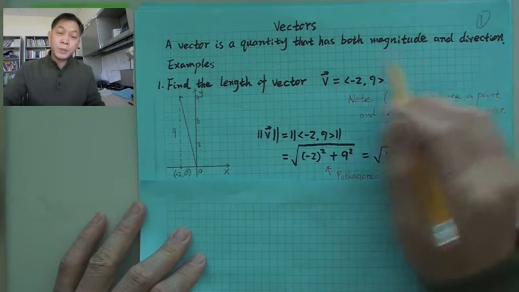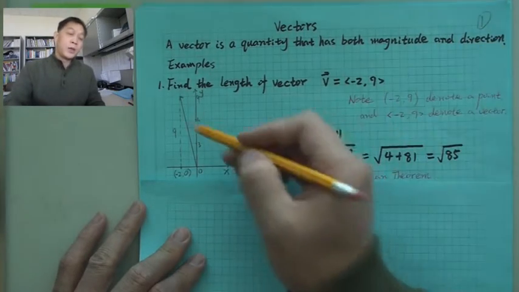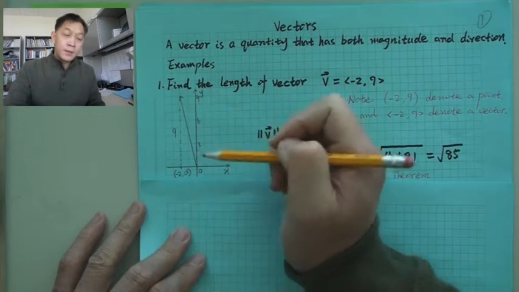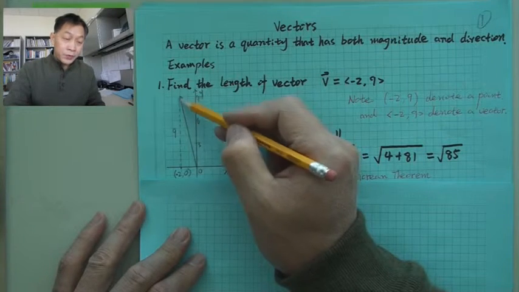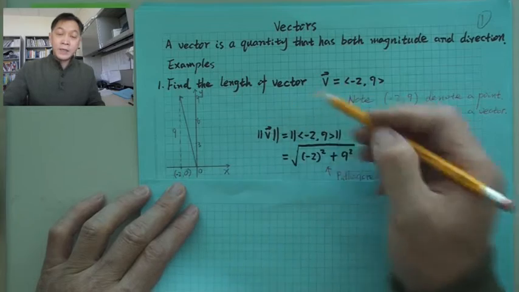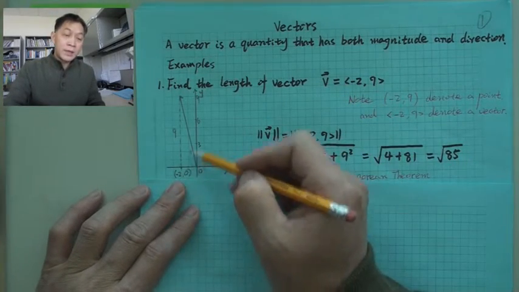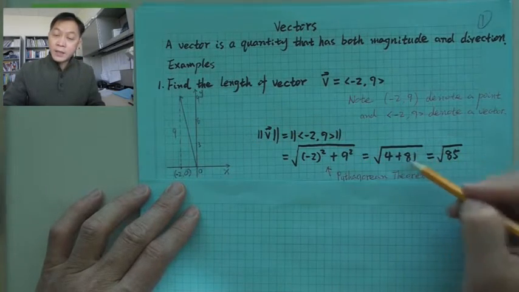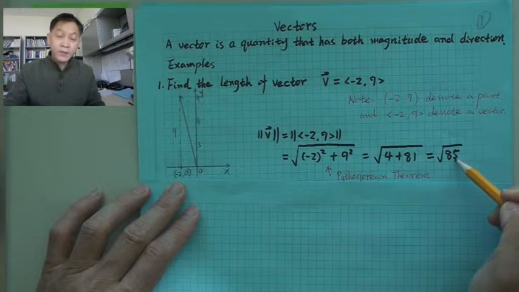Now we know the direction, and what is the magnitude? The magnitude will be the length. How do we find the length? In this right triangle, this length is the length of the hypotenuse. So that would be -2 squared, a leg squared, plus the other leg squared. Added together in our case is 4 plus 81, which is 85.